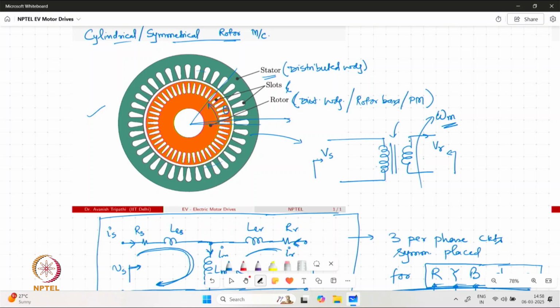Which means that if we are writing the KVL for the Vs side and we are referring to any quantity which is flowing on the rotor side, we need to be careful in terms of representing the vector in the correct frame of reference.